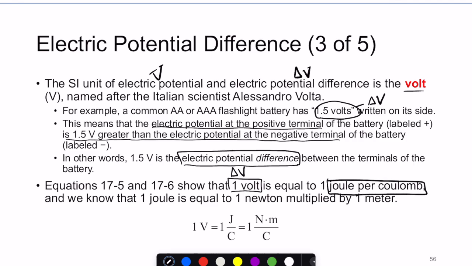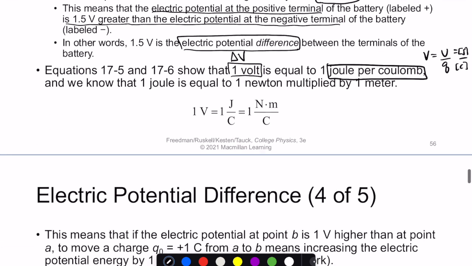Joule is a unit of energy, coulomb is charge, right? And that's because we remember that volt is energy over charge, so that would be units of joules over coulombs.